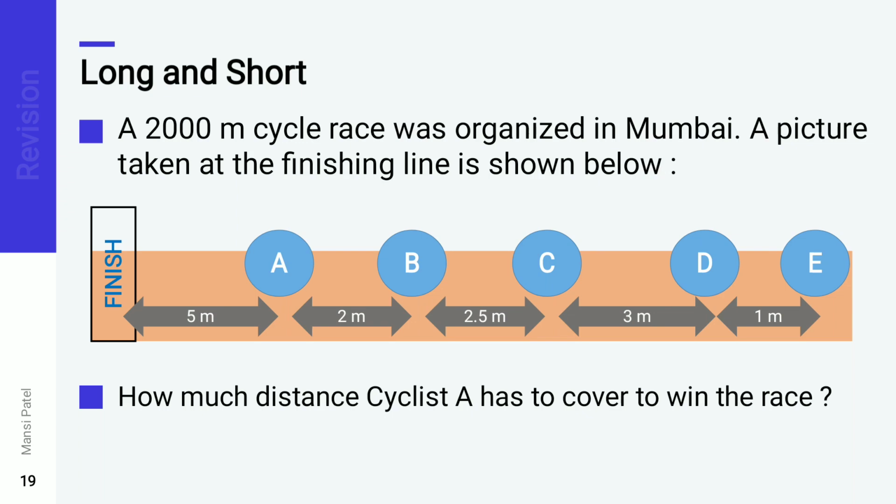If cyclist A wants to win this race, how much distance has he to cover? You can see this player A is just 5 meter away from the finishing line. So we can say 5 meter. If they cover the distance of 5 meter, then he or she wins the race.